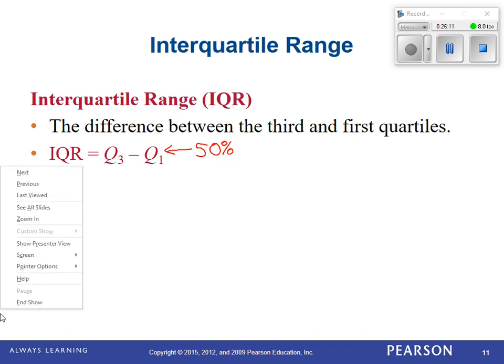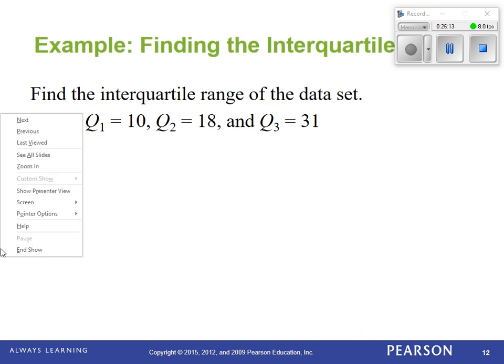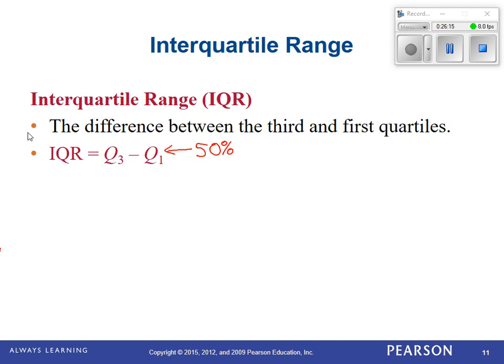The interquartile range is 50% of all the data. So you have 50% right here in the middle, on this end you got 25%, on this end you got 25%. Interquartile range is easy to find, nothing really hard about it. Just find quartile 3, quartile 1, subtract the two. And we'll talk about what we use it for as we go throughout the year.